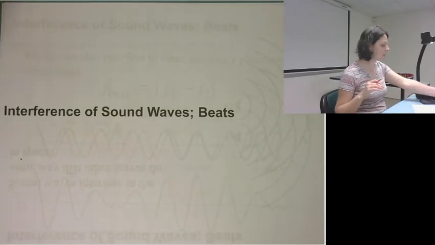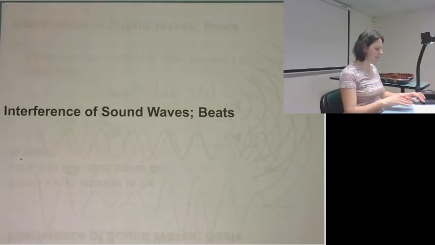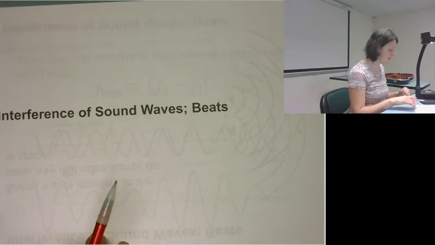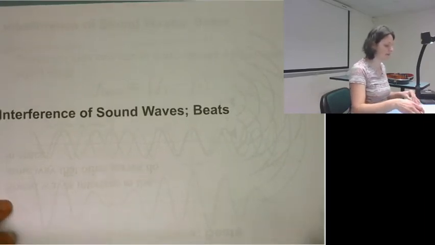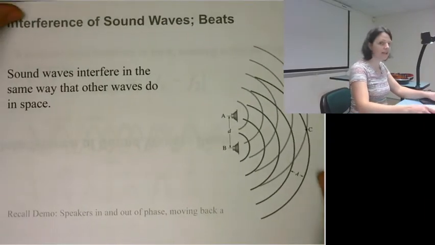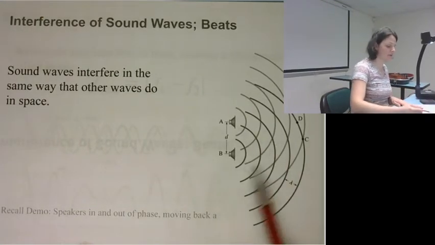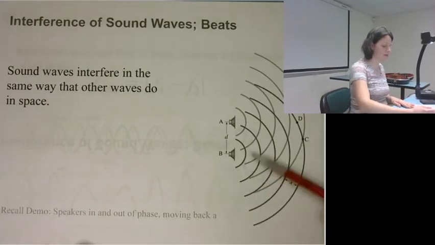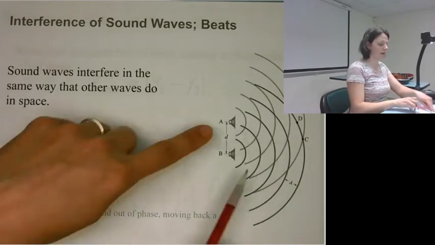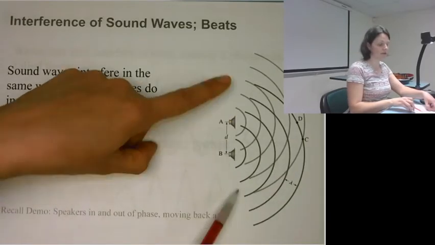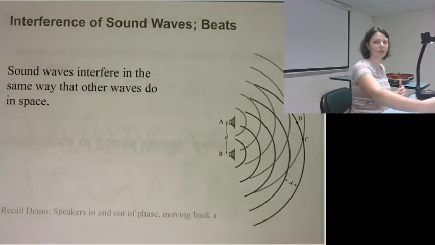The last topic we are going to cover in waves and sound is interference of sound waves and beats. We've already introduced everything we need to be able to do this. Remember the demo I showed previously, where I moved the two speakers in and out from each other, and you heard those loud, soft, loud undulations.